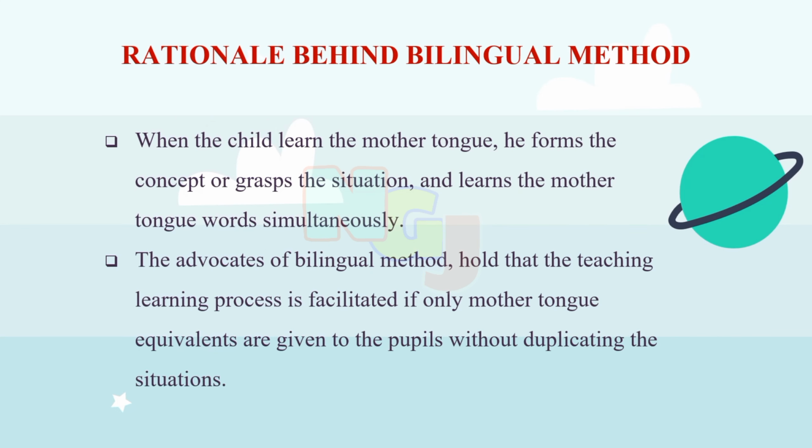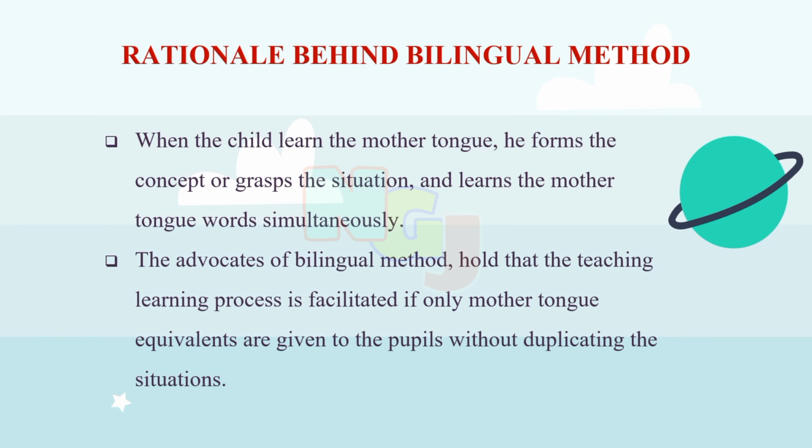Now, what is the rationale behind bilingual method? Rationale means the reason behind the bilingual method. The reason why bilingual method was found or proposed. See, when the child learns the mother tongue, he forms the concept or grasps the situation, and he learns the mother tongue words simultaneously.